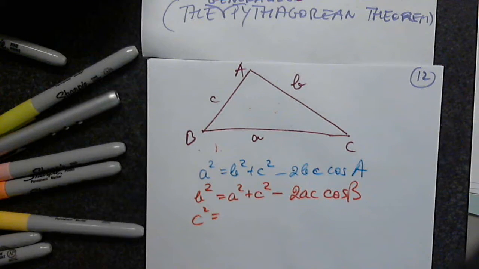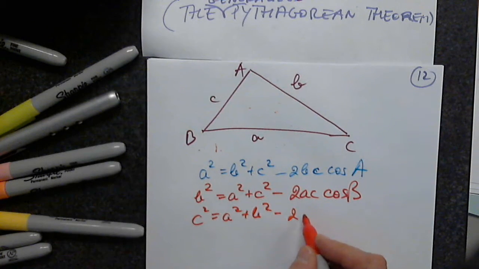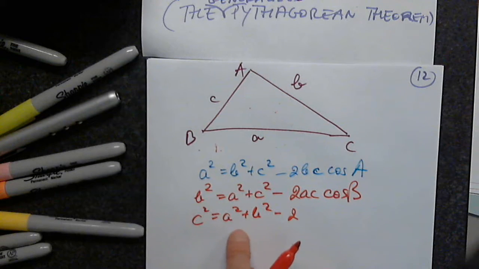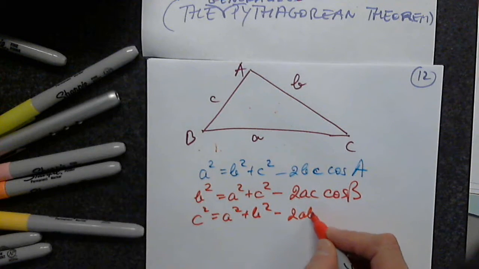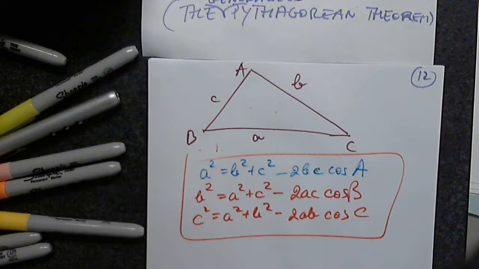What if c squared is what we are interested in? It has to be minus 2ab cosine C. That's it. This is the generalized Pythagorean theorem, or as we like to call it now, law of cosines.